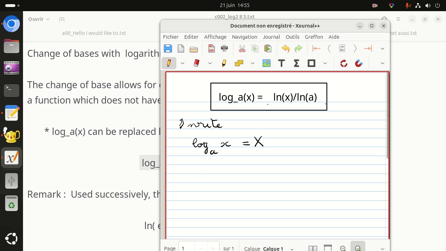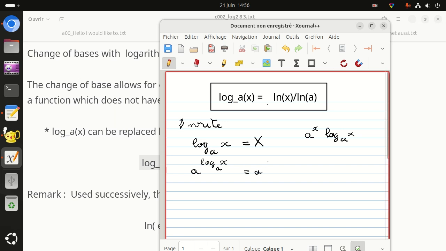Now, I know if I use successively the exponential of x in base a and the logarithm of x in base a, if I use successively these two functions, they cancel each other.